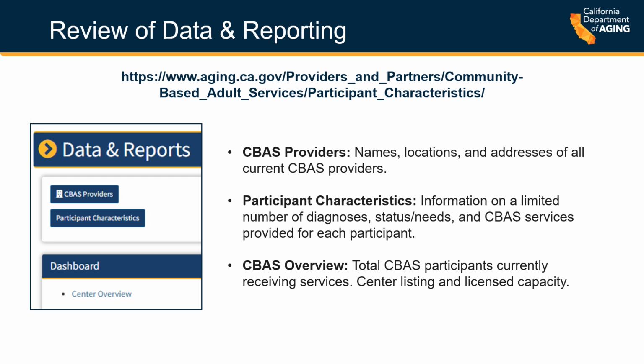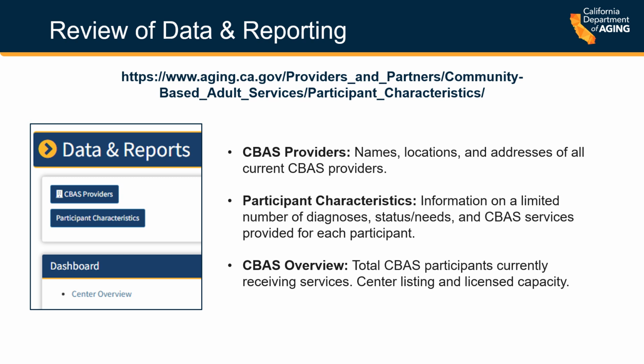Under the data and reporting, you will find helpful information on all existing CBAS providers. The CBAS providers list includes a full list of names, locations, and addresses of all current CBAS providers.